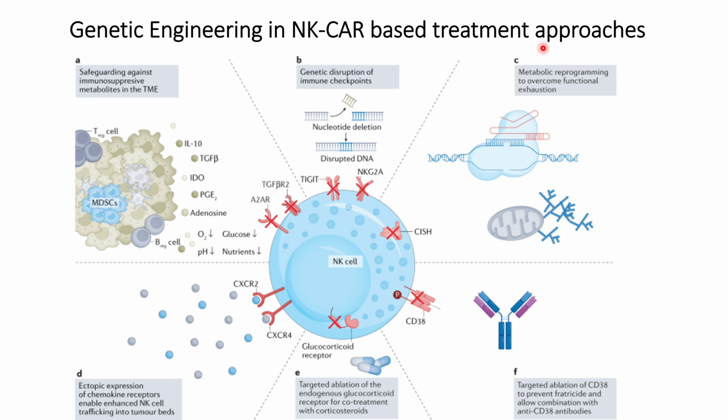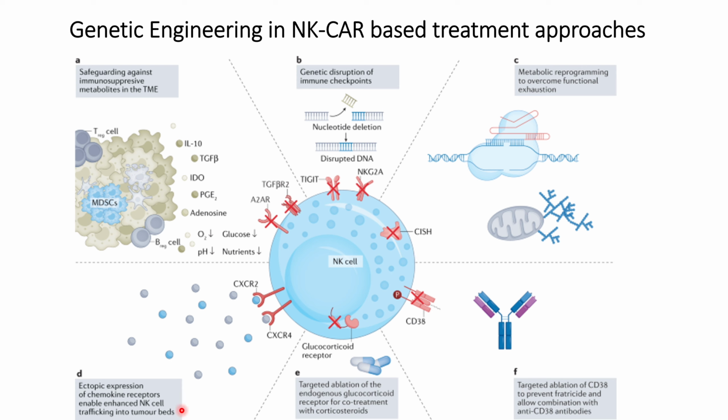The other thing is that intracellular signaling can also be disrupted. Instead of disrupting the receptors, the intracellular signaling can be disrupted, and this has been done in laboratory-based experiments by inhibiting CIS, thereby preventing the intracellular signaling activations that suppress the immune response.